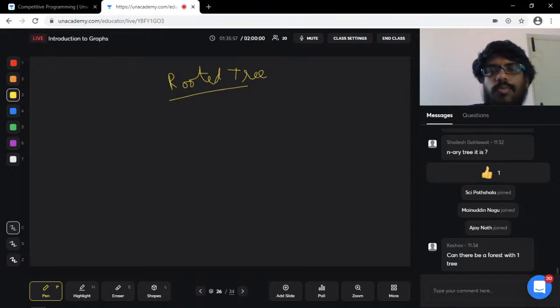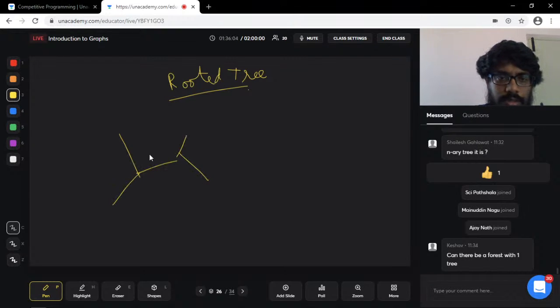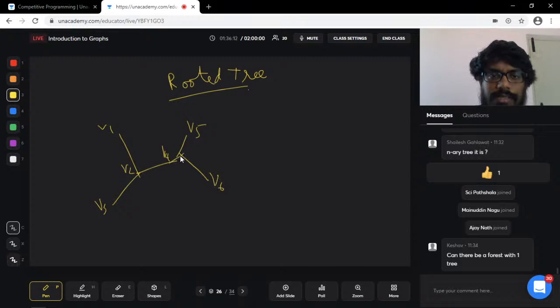So first let's see what a rooted tree and a non-rooted tree are. This is a tree, right? It is acyclic and it is connected.